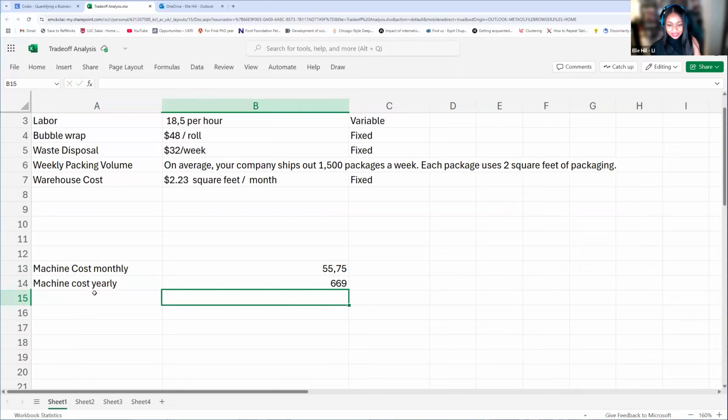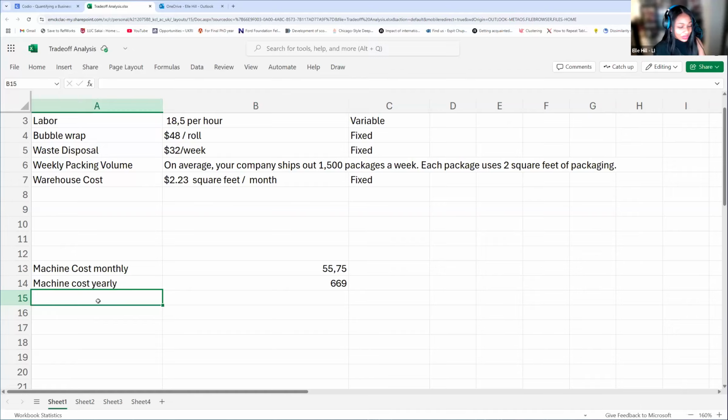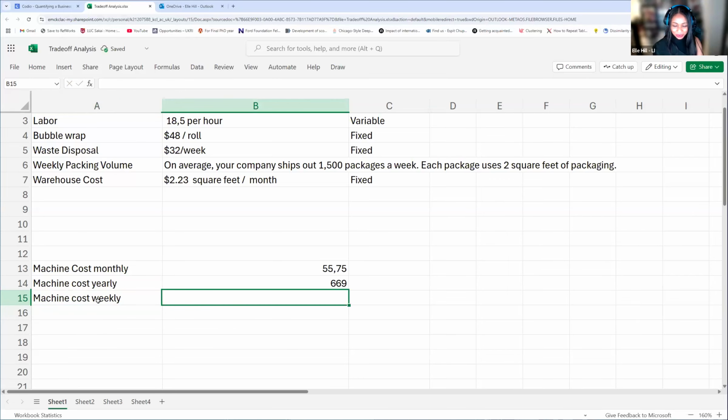Now, as you mentioned, we're going to have to convert this to weekly because weekly was our goal in the first place. So our machine cost weekly, since there are 52 weeks in a year, yes, exactly. You have to convert this to weekly. So we have to divide this by 52.